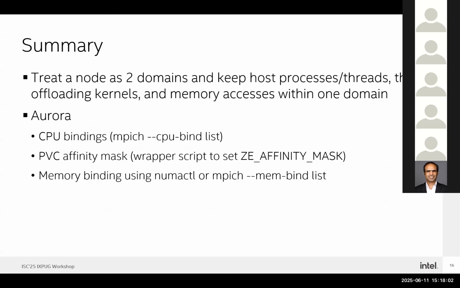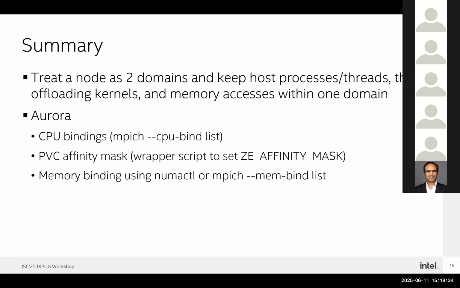So the summary is that for Aurora, there is one single node, but you can treat it as two separate nodes, two separate domains, and you try to isolate or contain processes within that domain. The process would map to the core, the PVC, and the NIC on the same domain, so that you don't cross the domain and pay for it with higher latency or lower bandwidth.